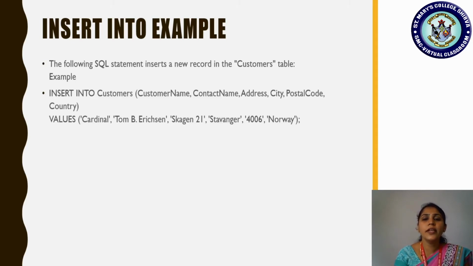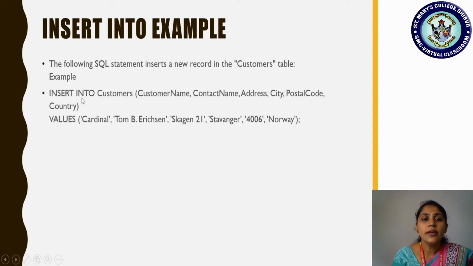Like this, how many? 6 attributes are there. So total 6 attributes or columns are there, and we are inserting all the 6 values here.